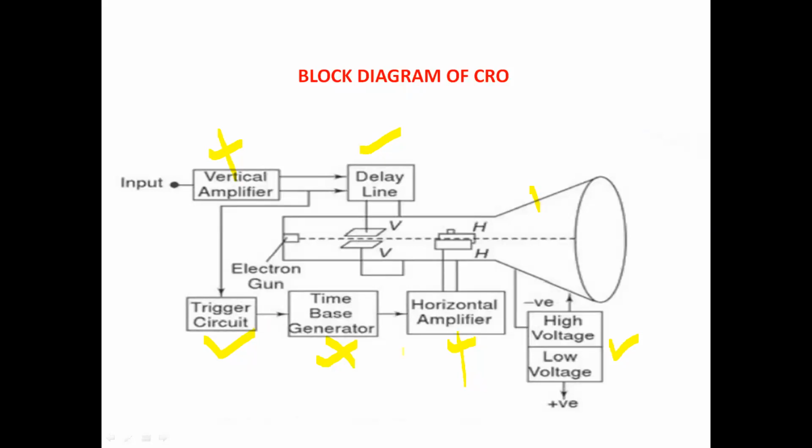The time-base generator is nothing but a sweep generator. After that, we also studied the trigger circuit. So these are the parts we had covered up to now. In today's class, we will see the remaining two blocks, the delay line and the power supply.